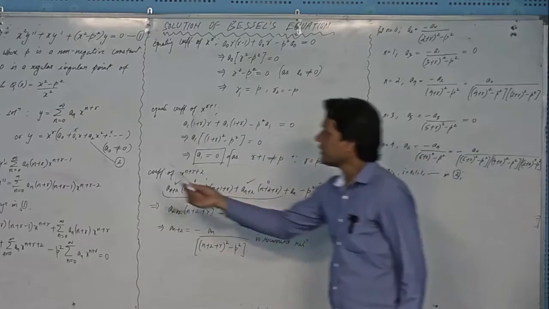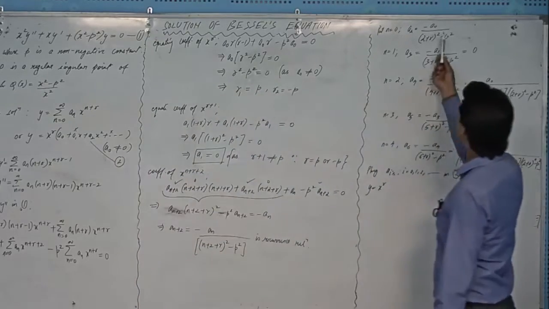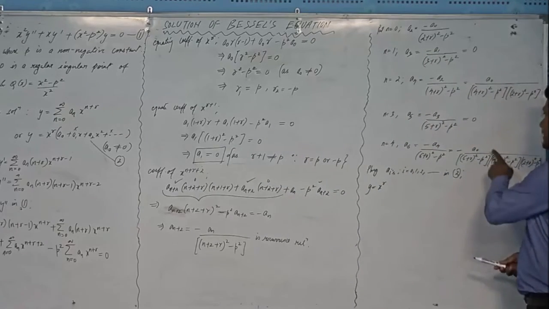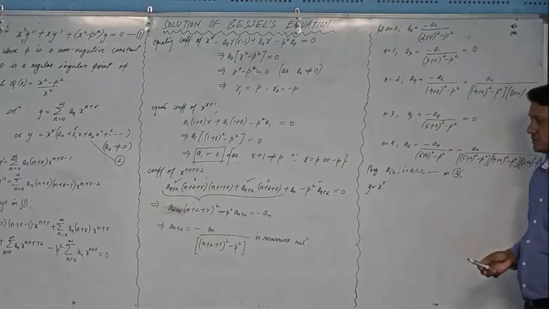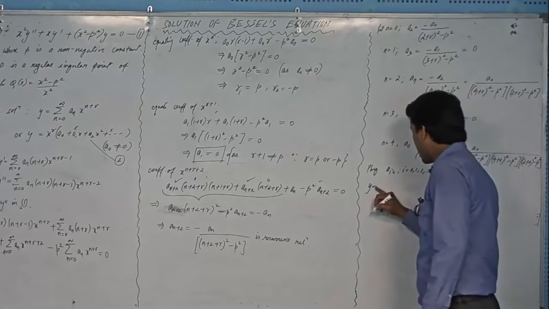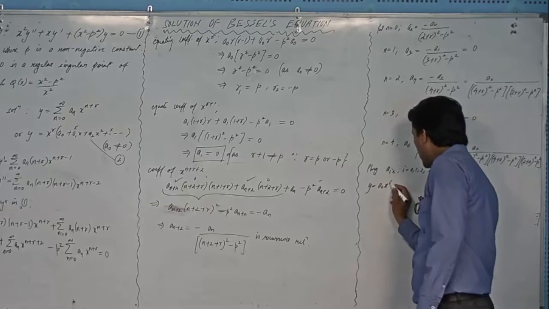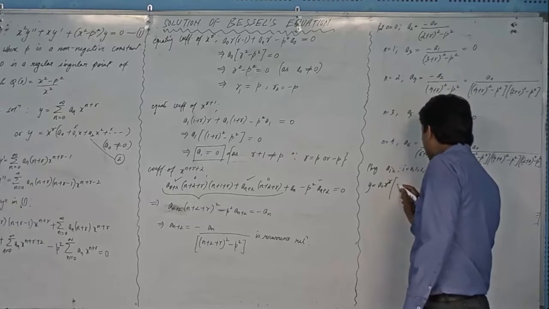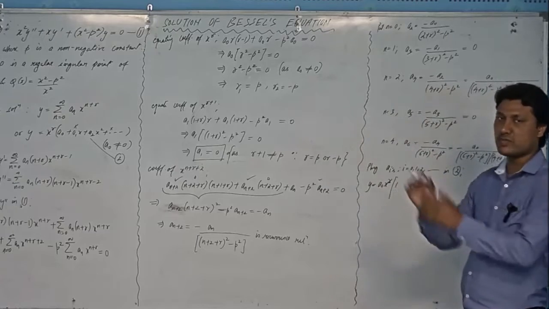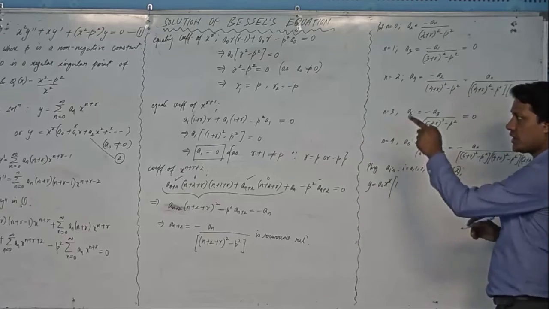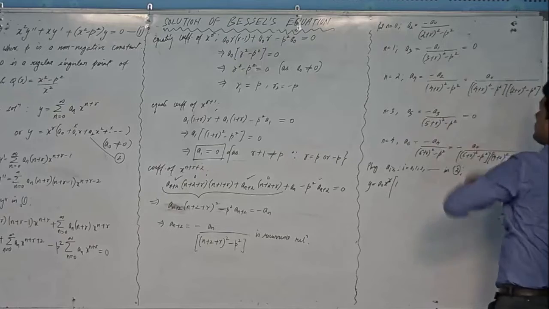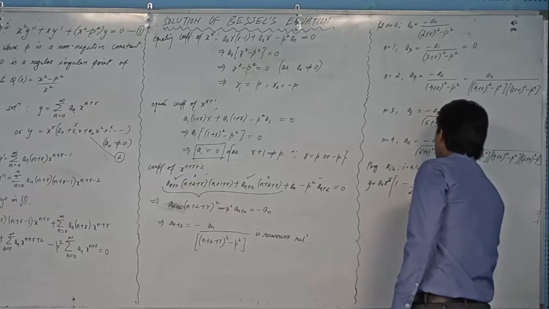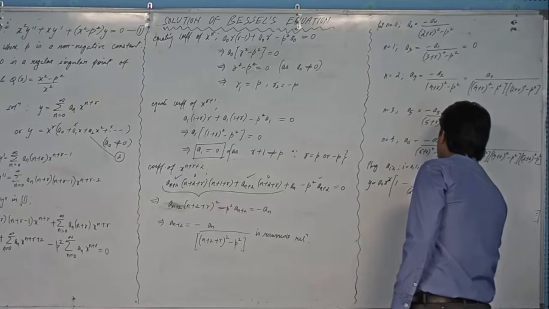You can see that a2 depends on a0, and similarly a4 depends on a0, so I will take a0 common out of all the terms inside the bracket. The first term will be 1 because a0 has been taken common. a1 is 0, and for a2 we have minus x square divided by (2+r) whole square minus p square.